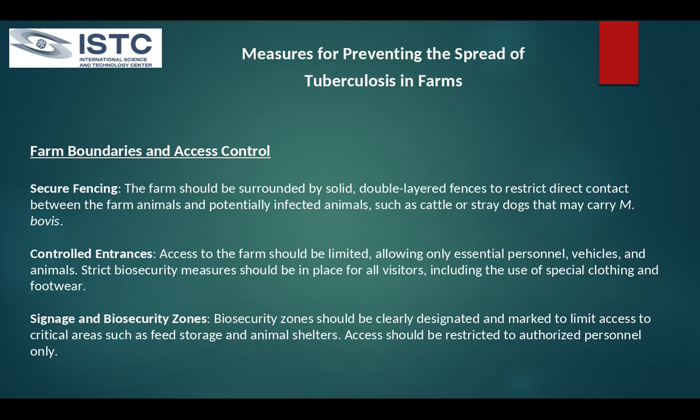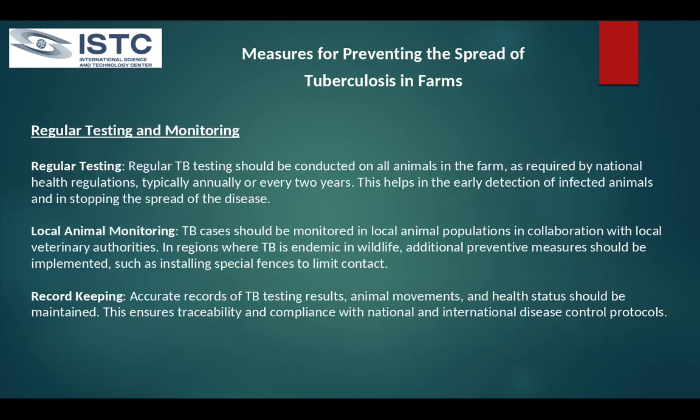Entry to the farm should be restricted, allowing only essential personnel, vehicles, and animals. Strict biosecurity measures should be in place for visitors, including designated clothing and footwear. Signage and biosecurity zones. Clearly marked biosecurity zones should restrict access to critical areas such as feed storage and animal shelters, with access limited to authorized personnel only.